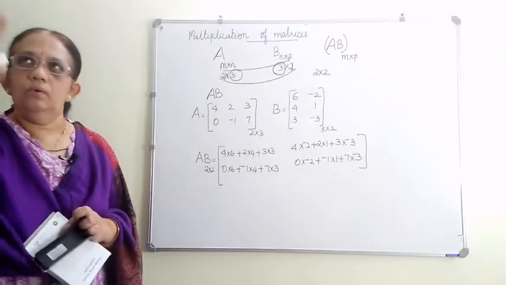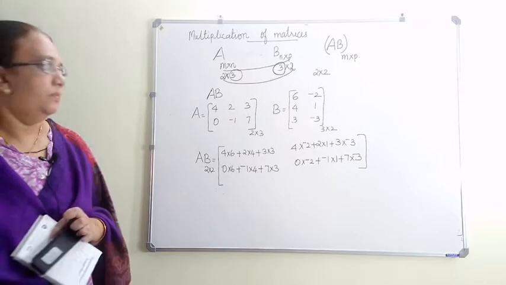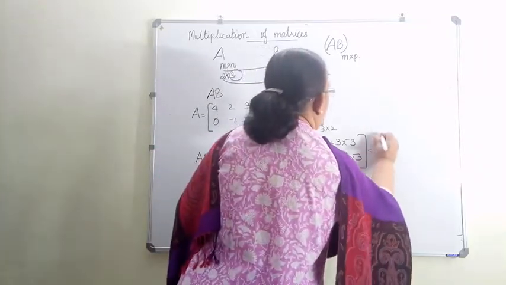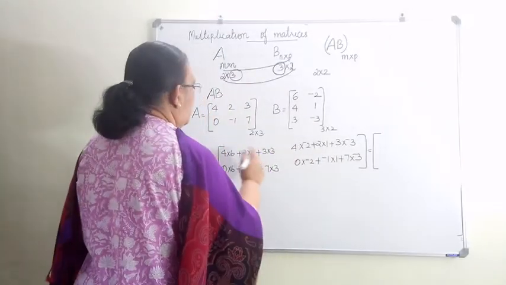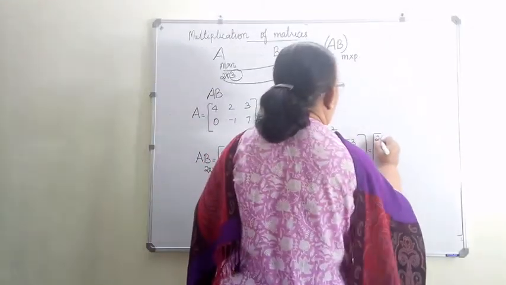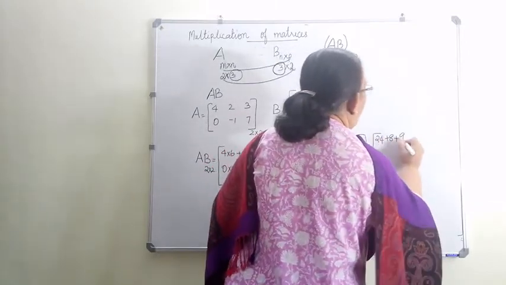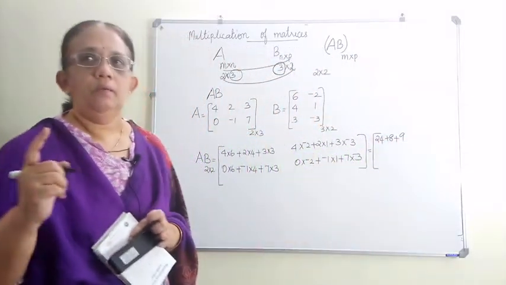Pattern of 7, row, column equal to 24 plus 8 plus 9. I hope all are doing along with me because this is simple addition and subtraction.